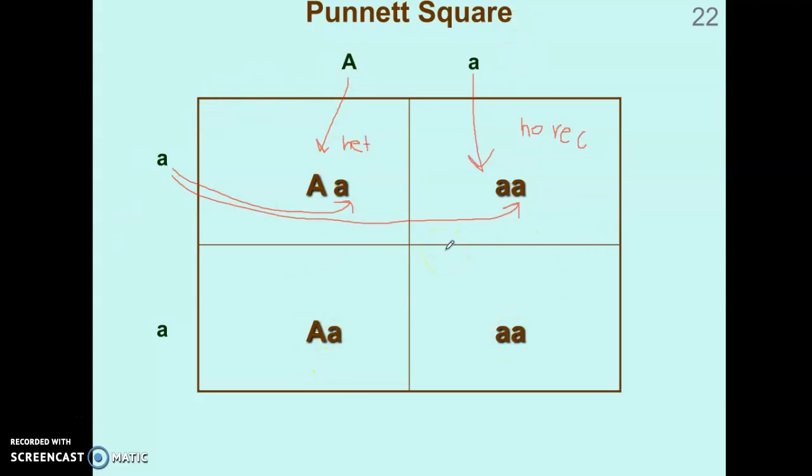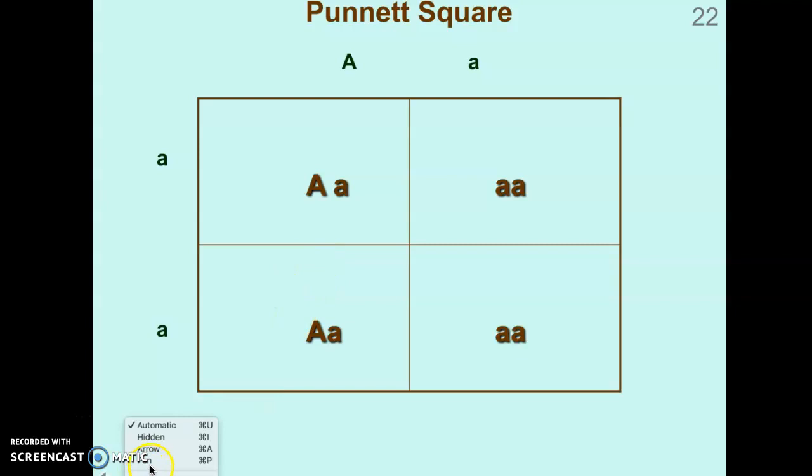So when we think about this, what do we know? We know that if it's asking about a chance or percentage, it's a 50-50% chance that we have someone who's heterozygous versus homozygous recessive.